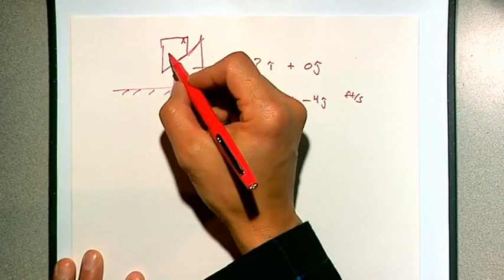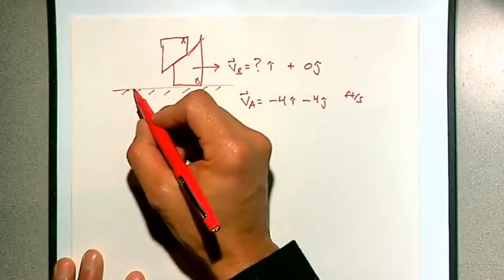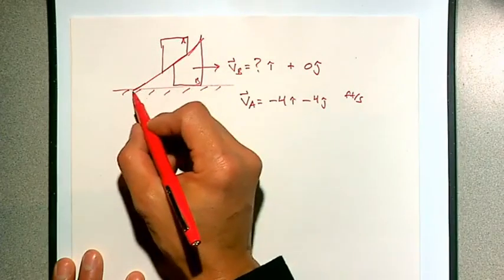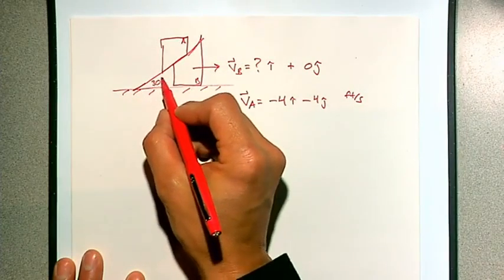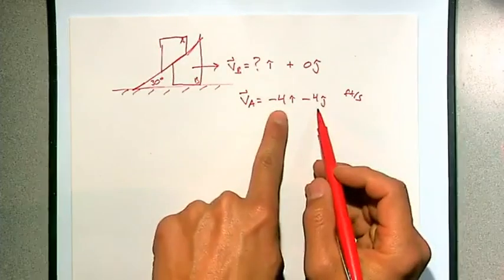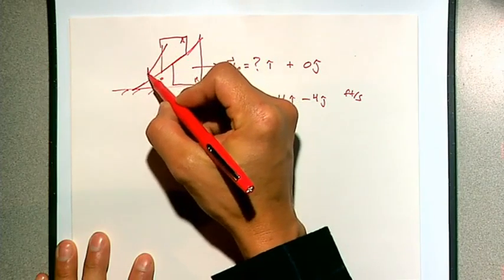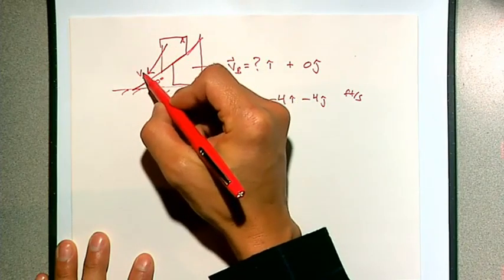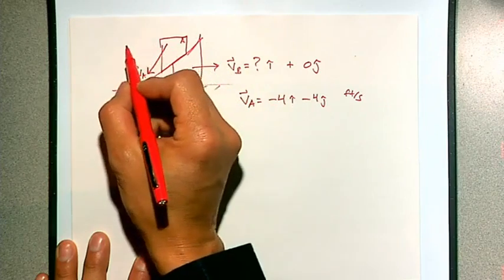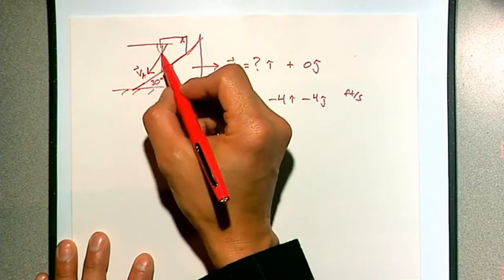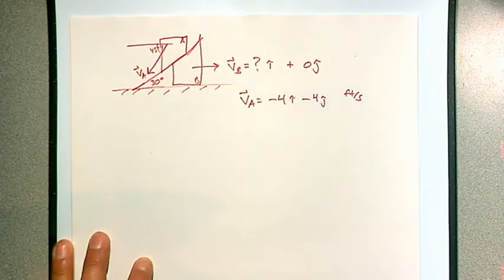So A, this angle of this plane, is 30 degrees. But if these components are equal, A is sliding down at 45 degrees, right? So if we wanted to sneak that in, it'd be 45 degrees.